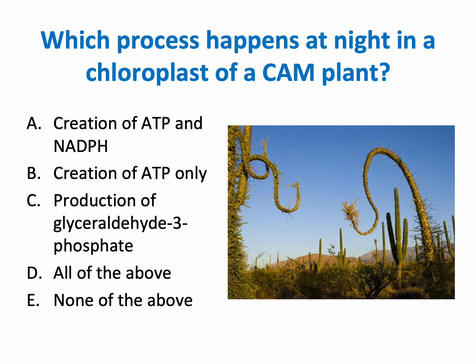So A and B are out, and thereby D is out. So what you are doing in a CAM plant at nighttime, however, is you're doing your Calvin cycle. You're producing glyceraldehyde 3-phosphate, G3P, which is the precursor sugar that will eventually become sucrose, right? So in a CAM plant at nighttime, that's when your Calvin cycle is happening.